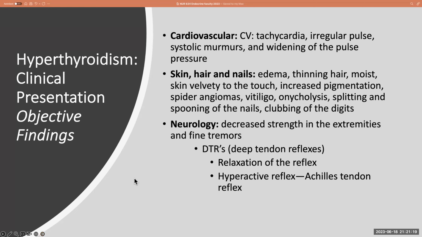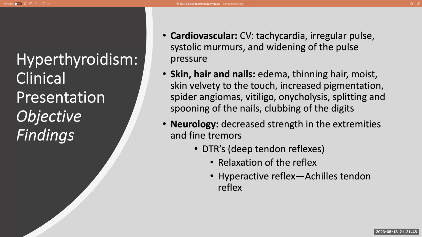You're going to see some of these things on your physical exam. These symptoms can range from overt manifestations in young adults. Remember, older adults might have a much more subtle presentation. They might come in with something like failure to thrive. But some of the things you're going to see from a physical exam: cardiovascular, you're going to see tachycardia, increased pulse.